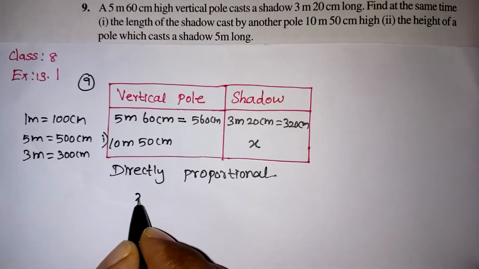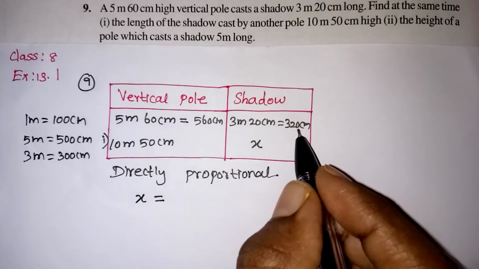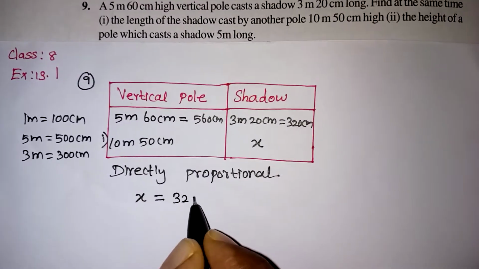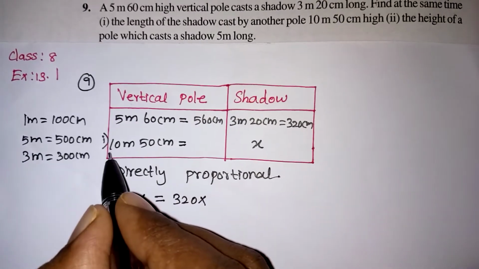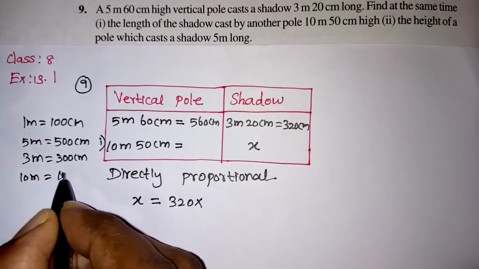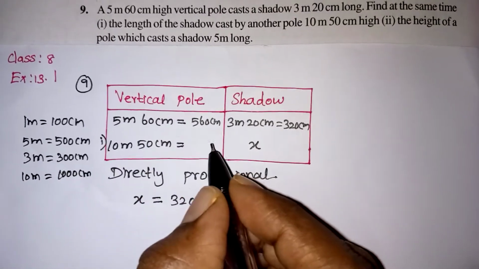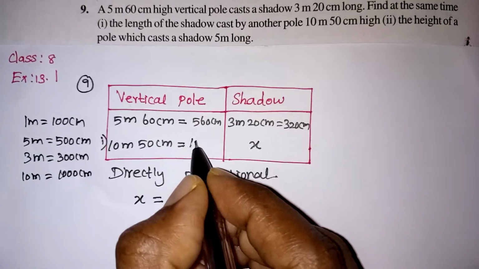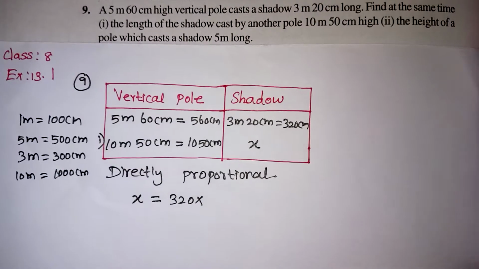Take the variable first, x, which is equal to the number given along with the x, that is 320, multiplied by, here this also let us convert it into centimeter. 10 meter will be 1000 centimeter. So 1000 plus 50 will give you 1050 centimeters.